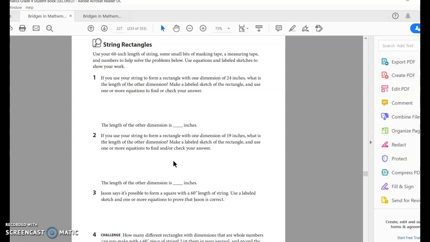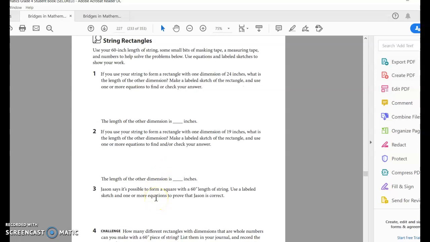Number 3, Jason says it's possible to form a square with a length of 60. Use a labeled sketch. You have to draw it, and use one or more equations to prove that Jason is correct.